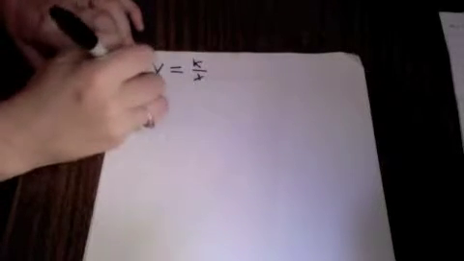So, if we remember from our notes, the inverse variation is y equals k over x, where y is our dependent variable, x is our independent variable, and k is our constant of variation. Some constant that is divided by x.